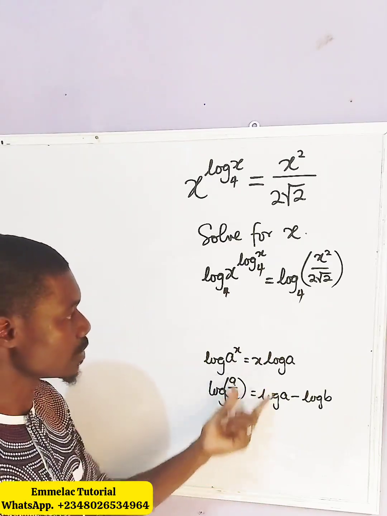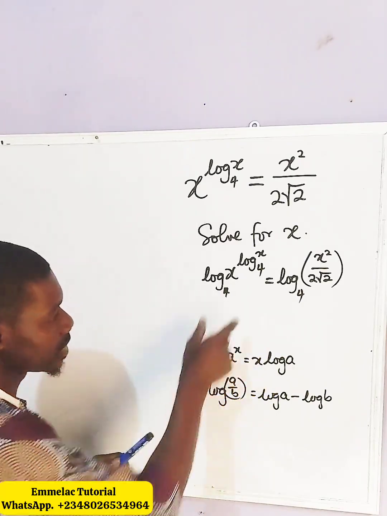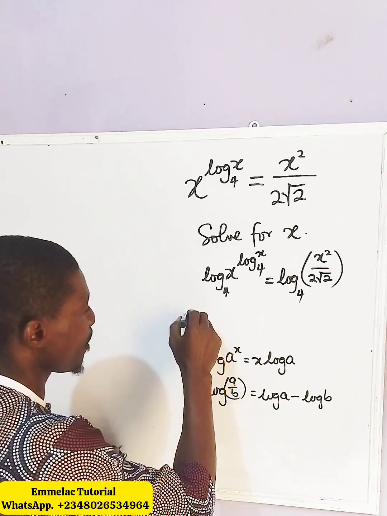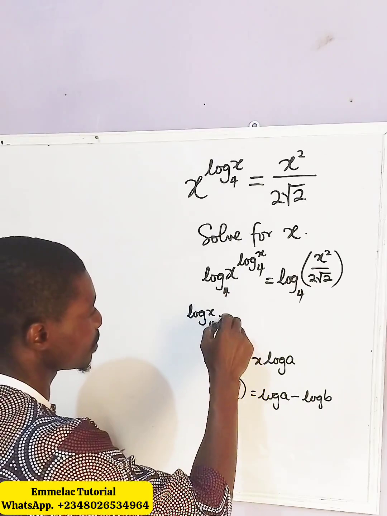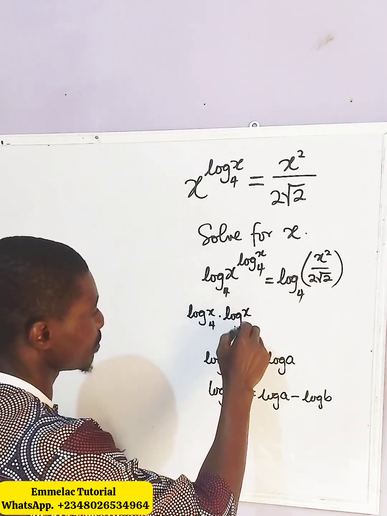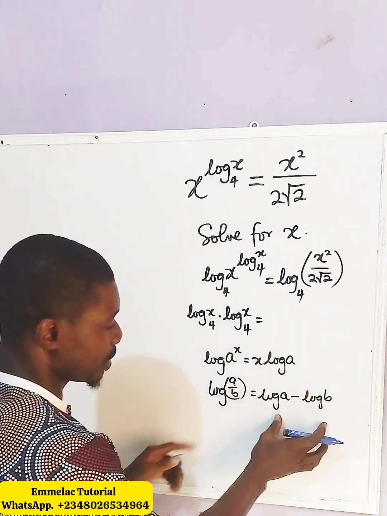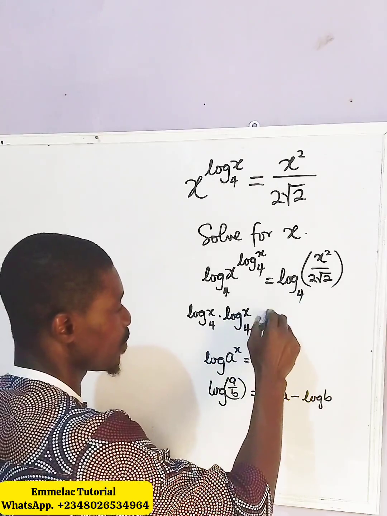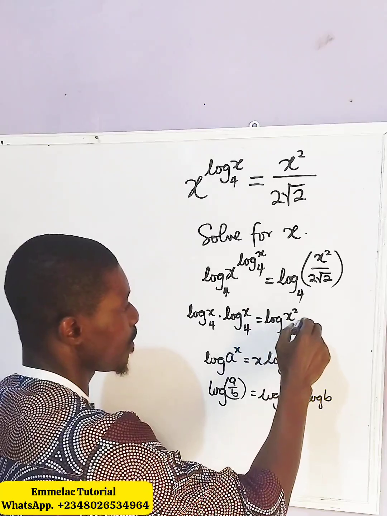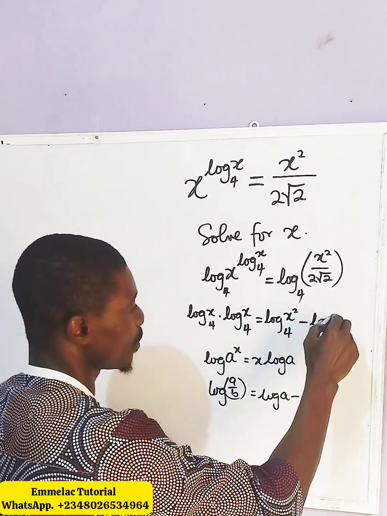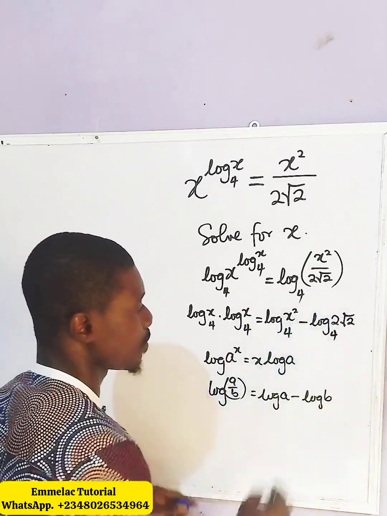Now, applying this rule to the above equation, the left hand side will give us log x base 4 times log x base 4 equals, and applying this rule to the right hand side, we have log x squared base 4 minus log 2 root 2 base 4.